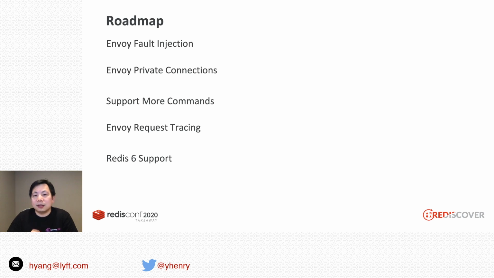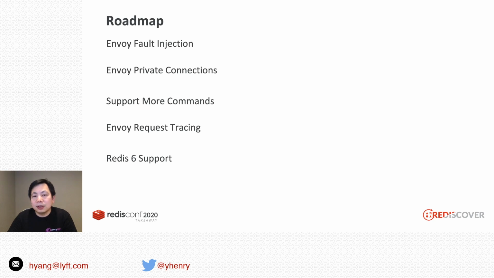Another item that we would love to work on is to support more cross-slot commands. There has been a lot of demand for supporting more cross-slot commands through Envoy proxy, so we'd love to do that.